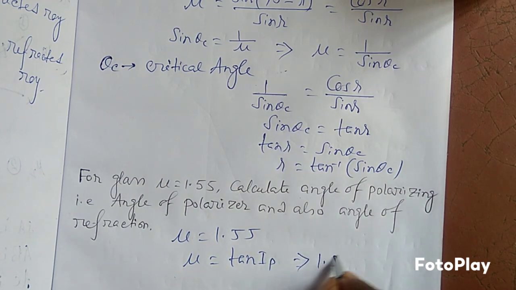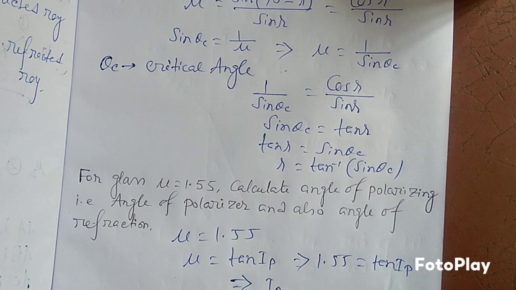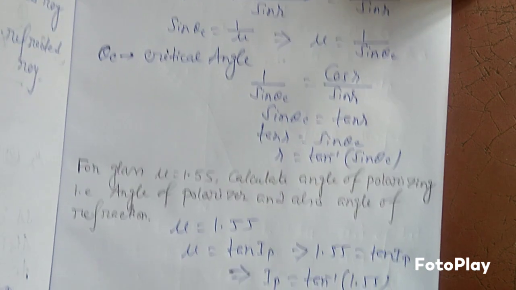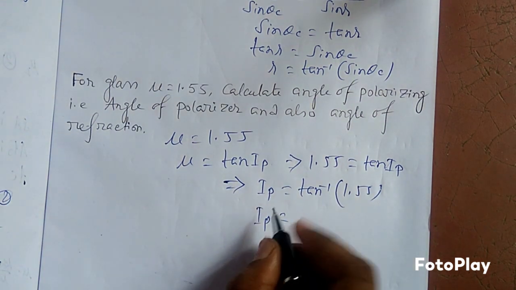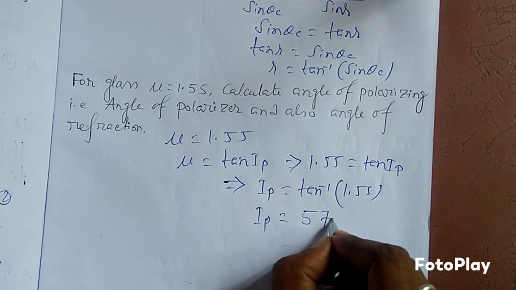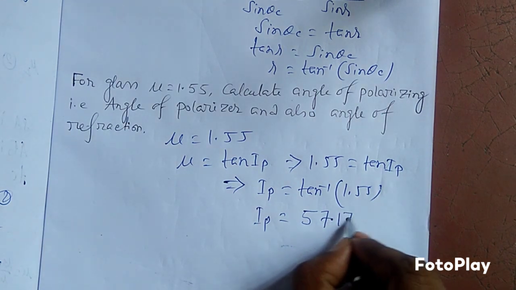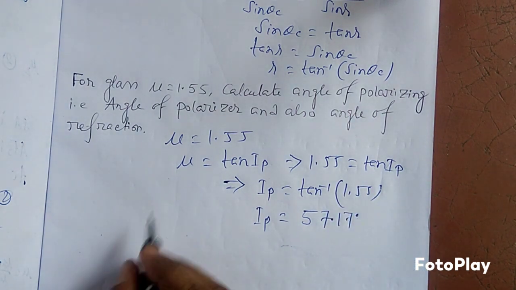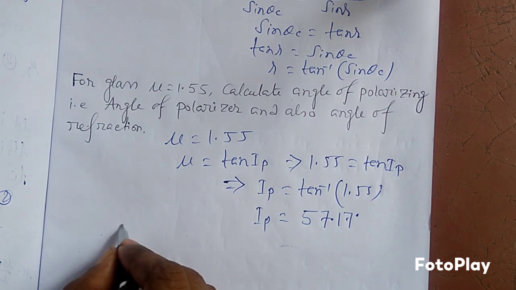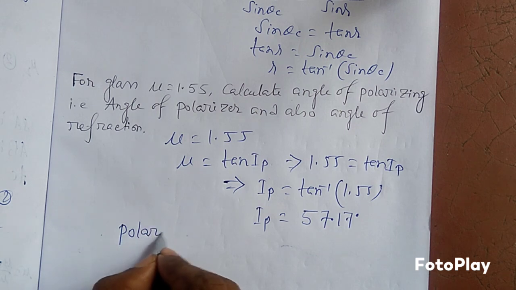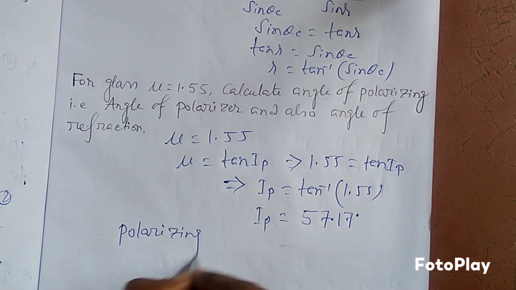So 1.55 equal to tan IP, and we get IP equal to tan inverse 1.55, which is 57.17 degree. This is the polarizing angle.